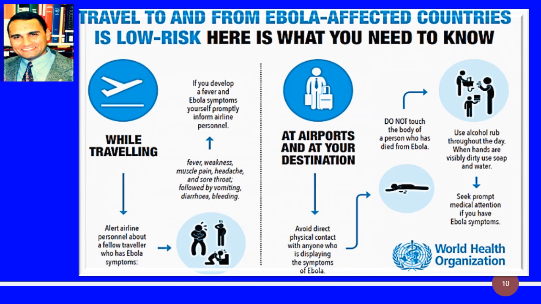This chart describes the signs of Ebola and what a person has to do to keep a distance from catching Ebola by applying personal hygiene. Descriptive epidemiology dealing with places is a very important way of studying the occurrence of disease in a place.